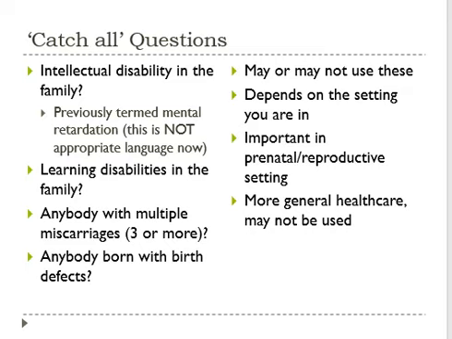Anybody born with birth defects? This depends on the setting that you're in, and it's important in prenatal and reproductive settings. There are certain questions that we may not use as much in different healthcare settings.